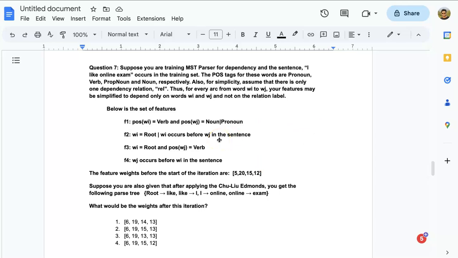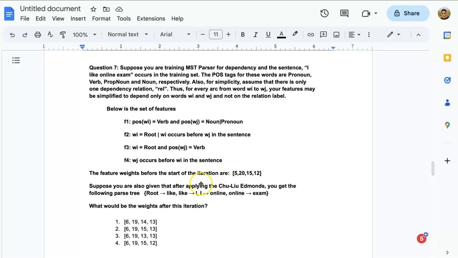Now they are saying you have done this, so after the first iteration of your MST parsing, and after applying the Chu-Liu-Edmonds algorithm, I hope you already know this algorithm, because in the lecture Professor Pawan Goyal already discussed this very elaborately, so I don't need to go into it.